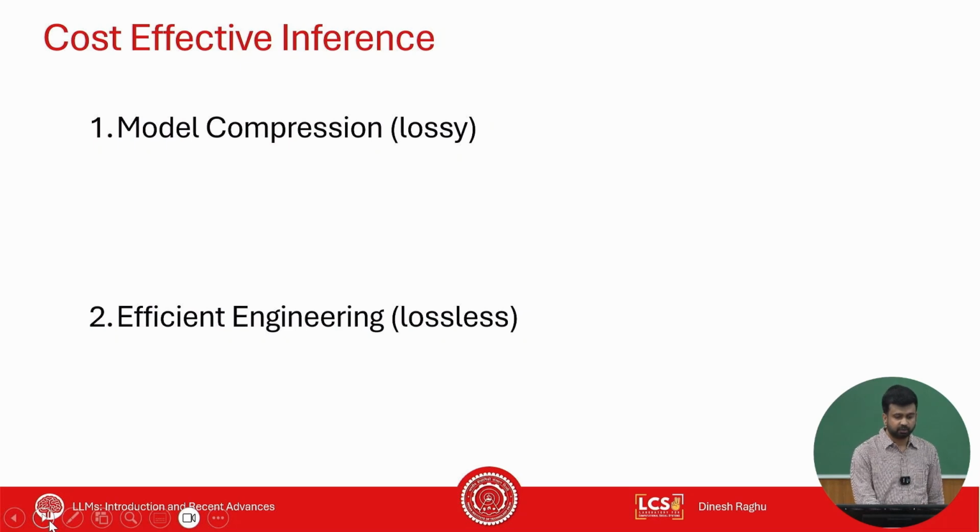So there are software kernels that have been developed which fuse all these subtasks together into a single kernel, and that gives you tremendous improvement in efficiency. Here it's not lossy. You get the exact same output. It's just that you do some engineering efficiency to reduce the cost.